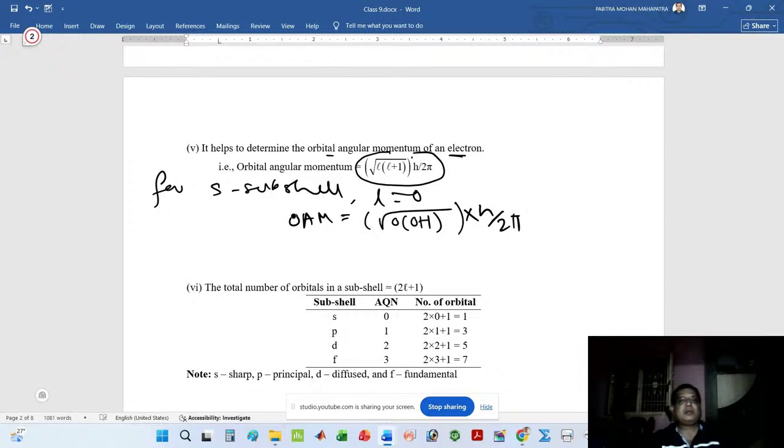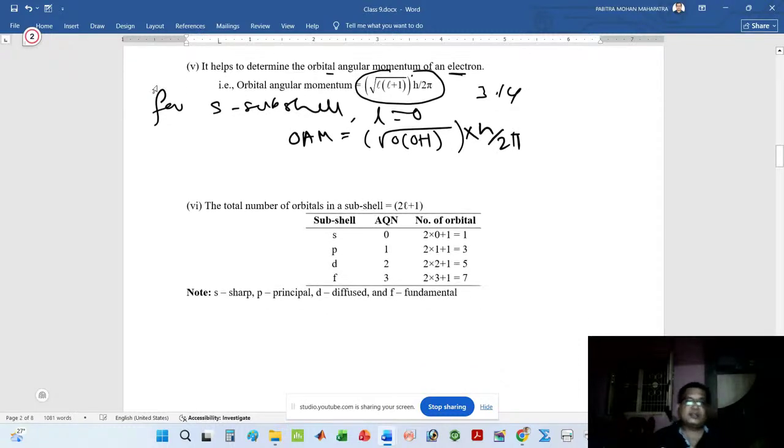Similarly, you can put the value of L equal to 1, then L equal to 2, 3, like that. You will find the orbital angular momentum. Here h is the Planck's constant, pi value is 3.14.